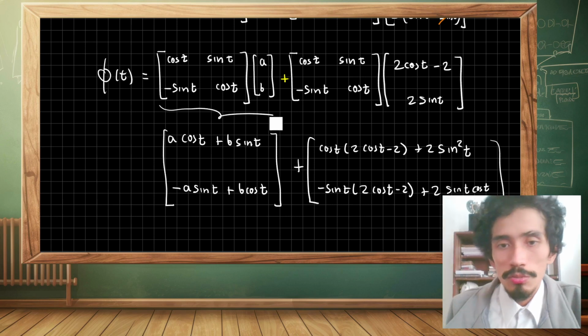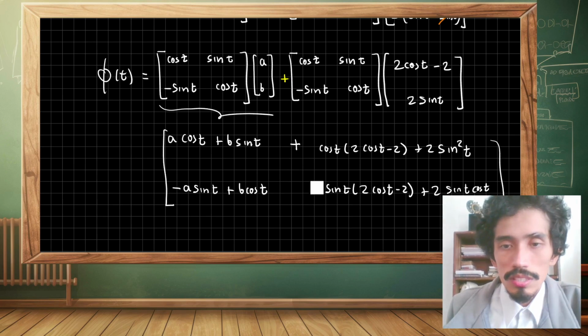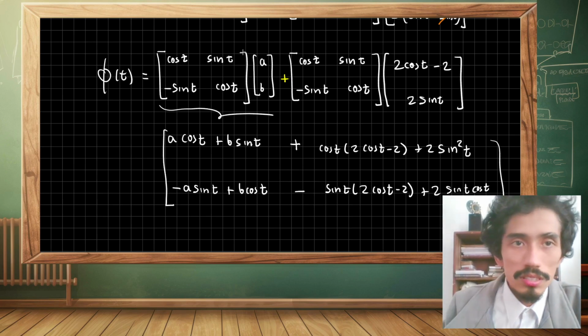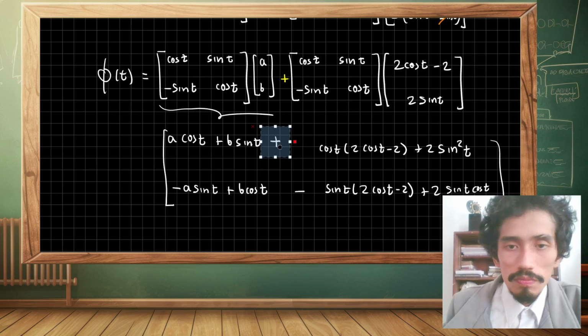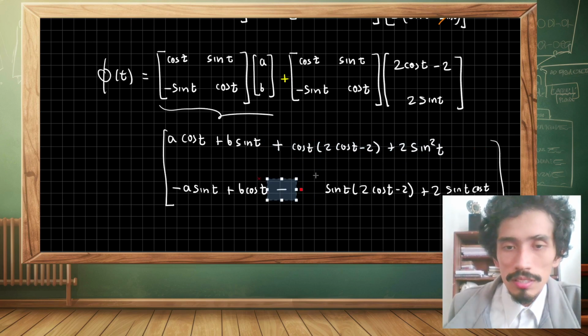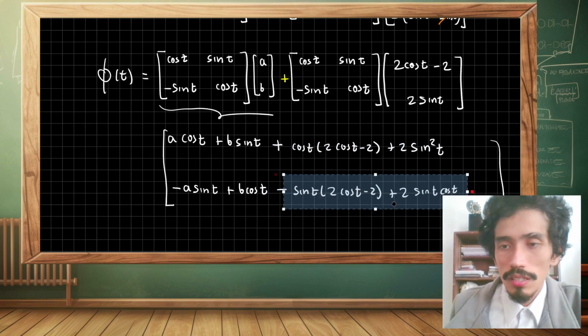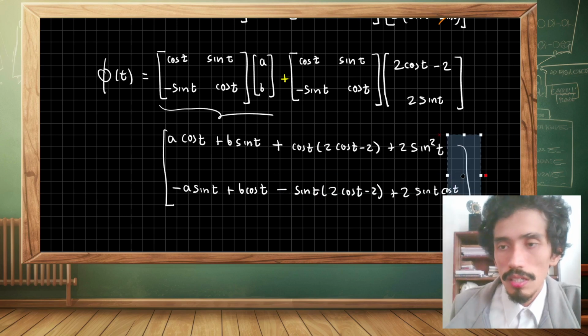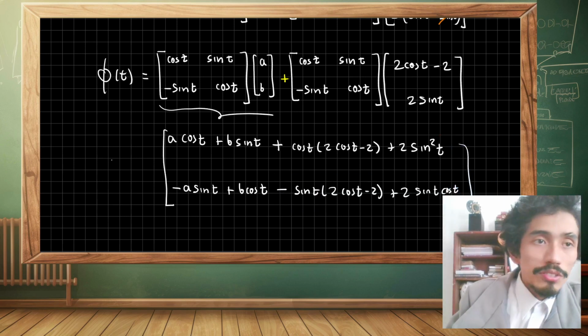So you're summing these two columns. You can just sum them here, subtract them here. Let's put it a little more nicely. So this is the result.